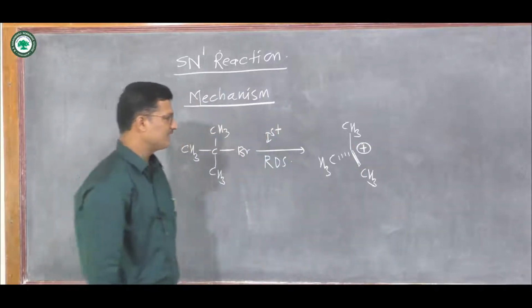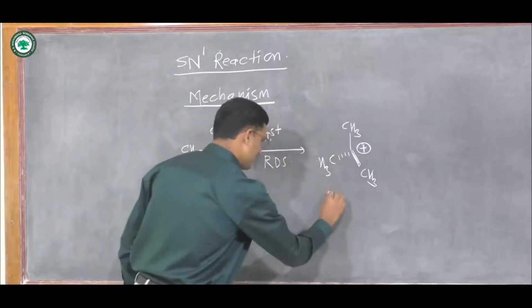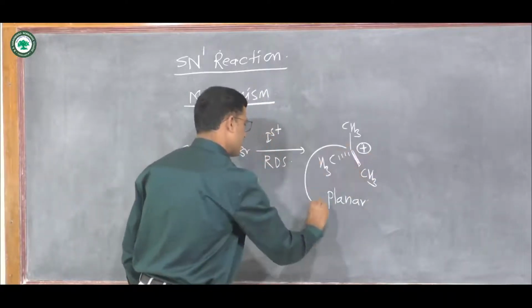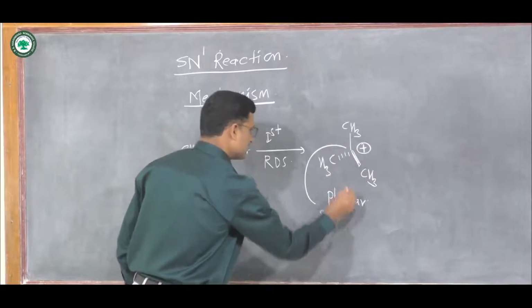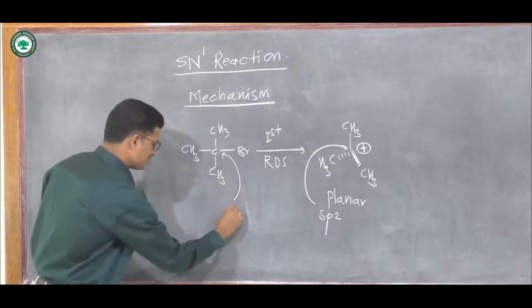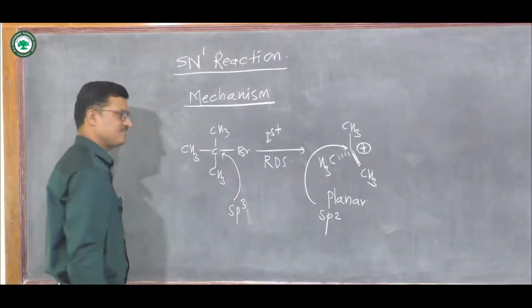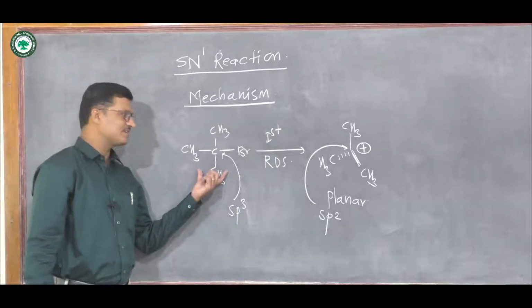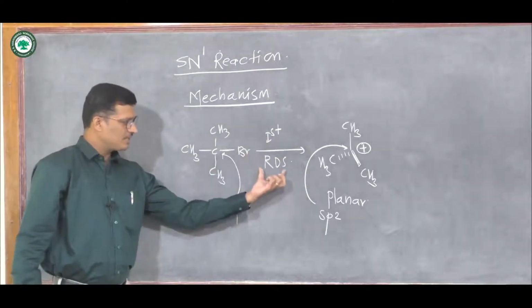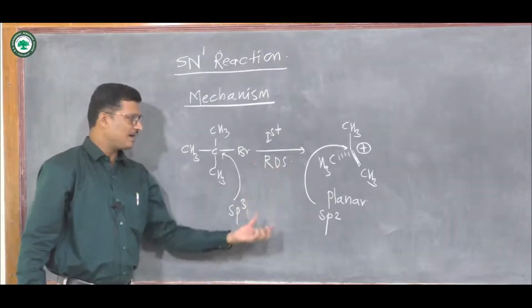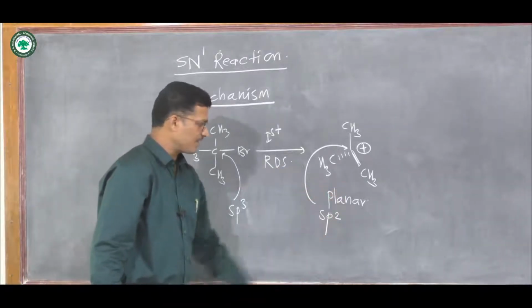Once formed, this carbocation is planar in nature. The carbon has sp2 hybridization, whereas the carbon in the substrate is sp3 hybridized. So the first step, the rate determining slow step, gives a planar carbocation.